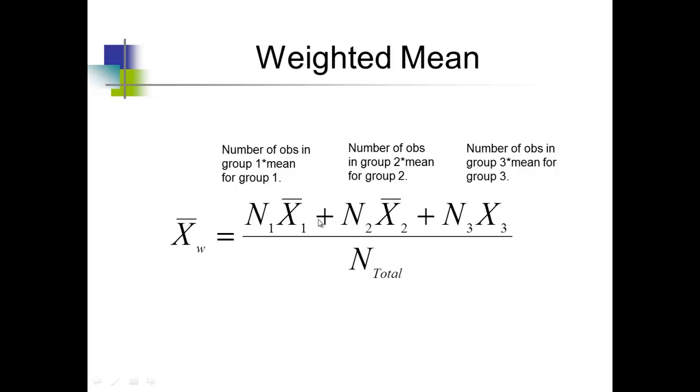So here you would get the mean for group 1 and multiply it by the number of observations in group 1. Then you would add that figure to the same for 2 and the same for 3, and then divide that number by the total. Doing a weighted mean allows all observations to contribute proportionally to the mean.